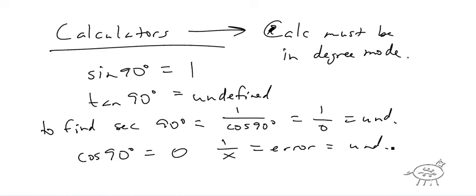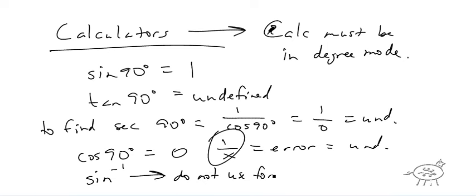But again, don't give me error. That 1 over x is a really nice feature. This is really, really bad. You see this little -1 sign on your calculator? Do not use it for 1 over sine of theta, or inverse cosine or inverse tangent.